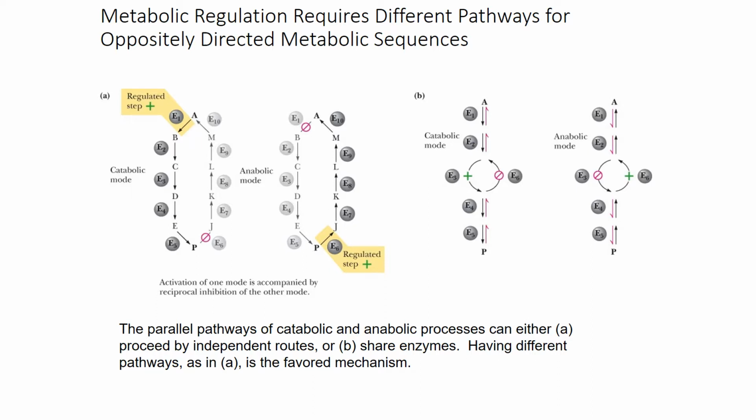But when we go in the opposite direction, pyruvate to glucose, 7 of the glycolytic enzymes are common, but 4 enzymes are going to be specific to glucose synthesis, or gluconeogenesis.